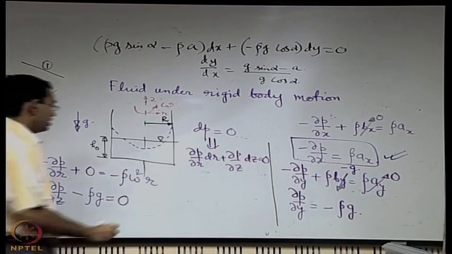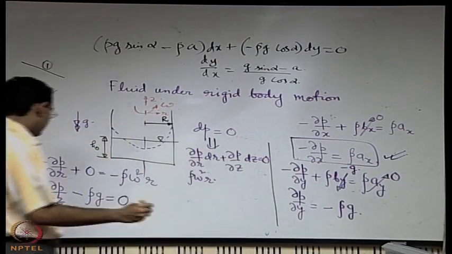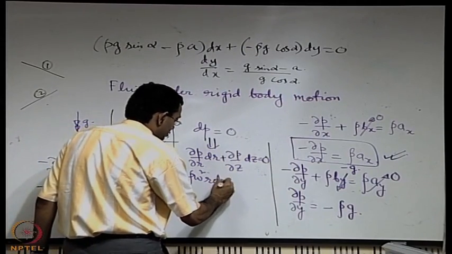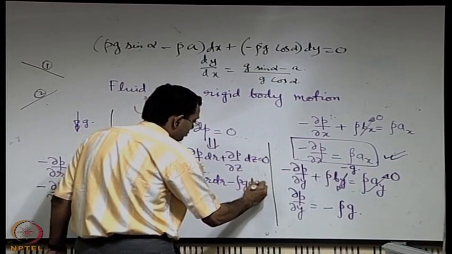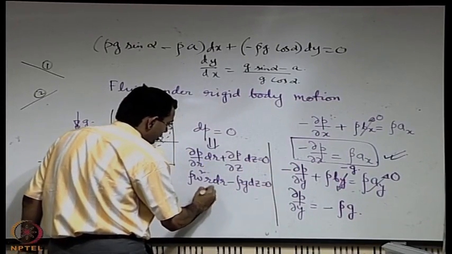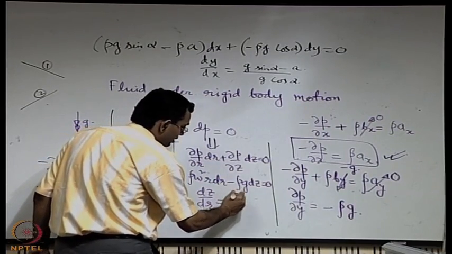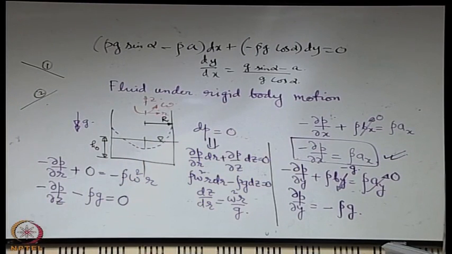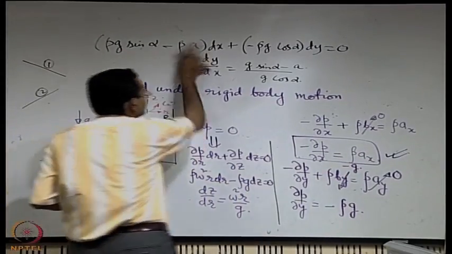So this is rho omega square r, this is minus rho g. So you have dz dr is equal to omega square r by g. You can now integrate this with respect to r. So on integration what follows, let us just complete that.